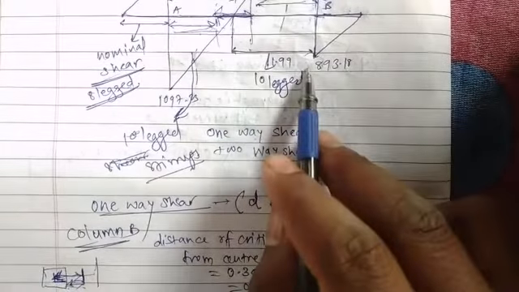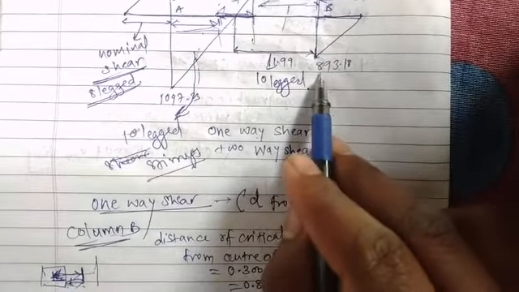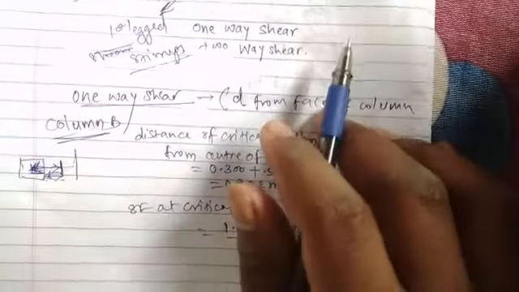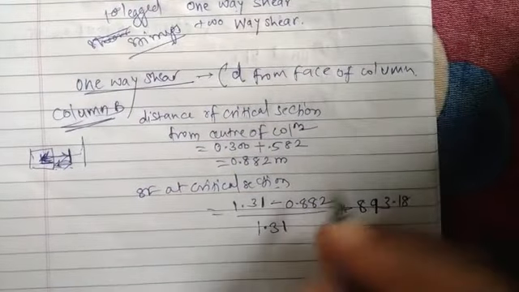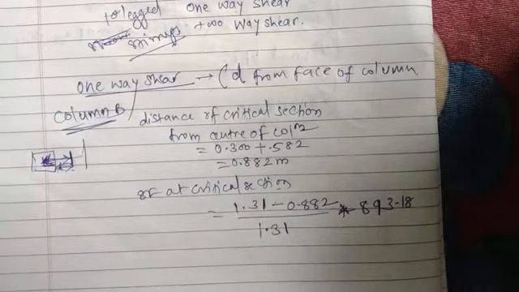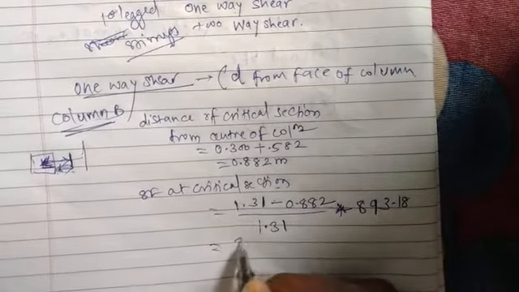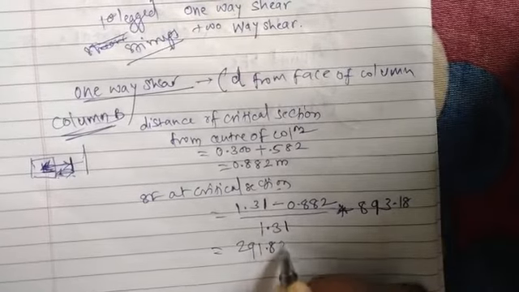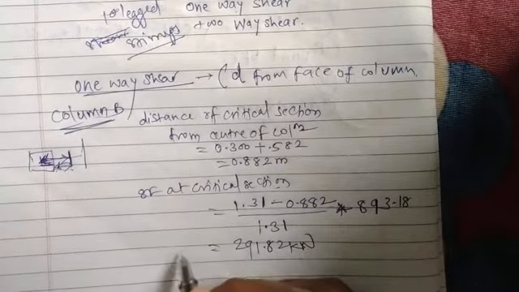The negative shear force under column B was 893.18. This calculation I have done already. It is 291.82 kilonewton. So this is the value of shear force coming.